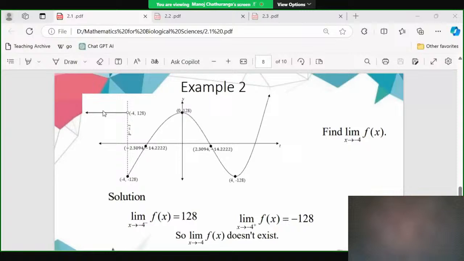You can compute the left limit and right limit separately, but because of their difference, the two-sided limit won't exist. So there is no two-sided limit or common limit at x equals -4, but one-sided limits exist, and you can find their values using the graph.